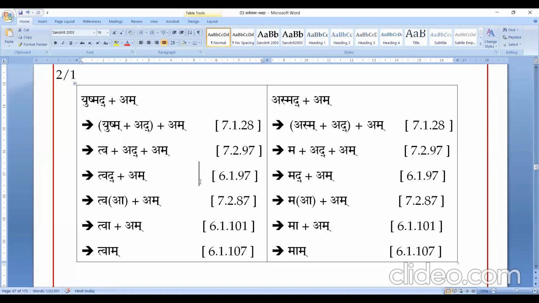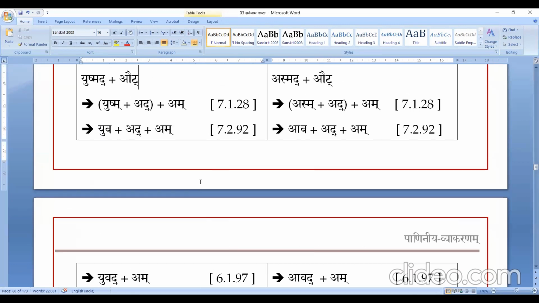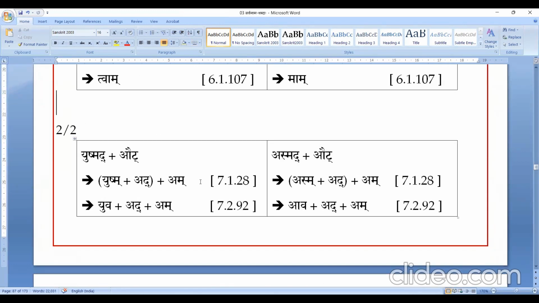Now coming back here. We have derived 2-1, Dvitiya Vibhakti Ekavachana. Then 2-2, Yushmad plus Au, Dvivachana, first step. In the dual we apply Sutra 7.2.92, Yivavo Dvivachane.